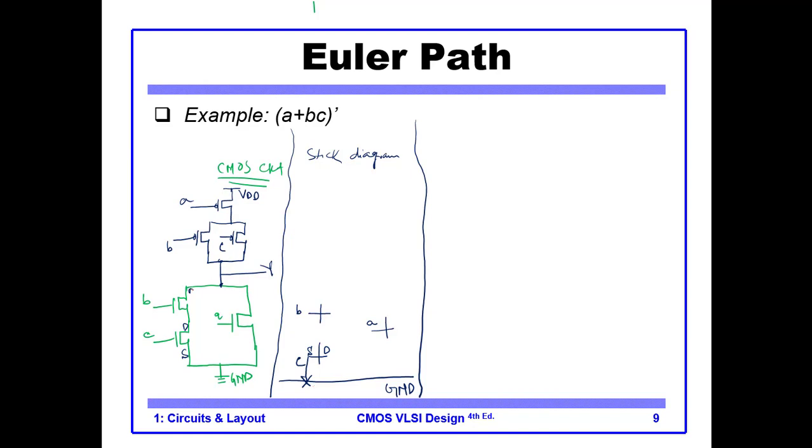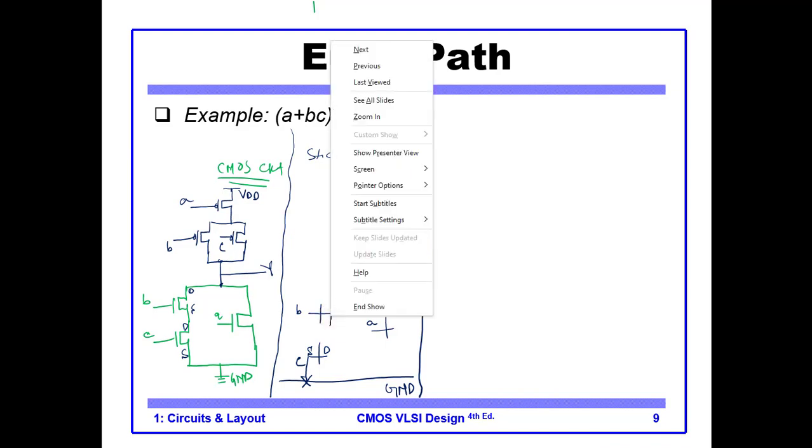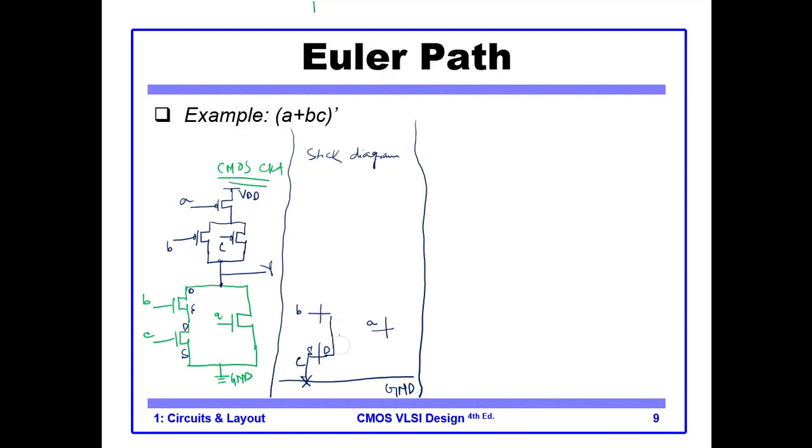So you see the drain of C is connected to the source of B. So this is the source of B. Okay, and then the source of A is connected to the ground.